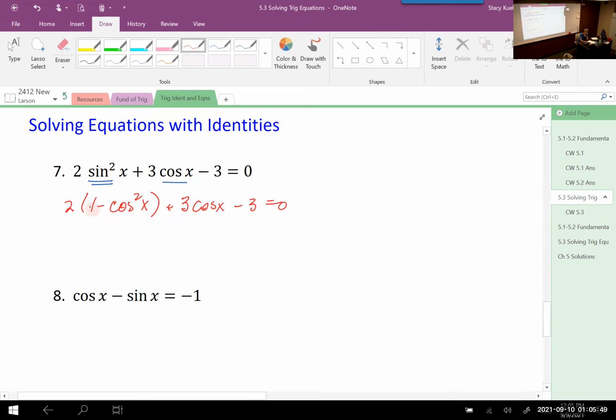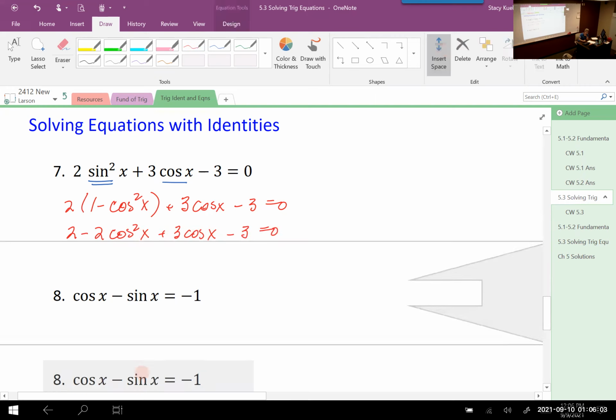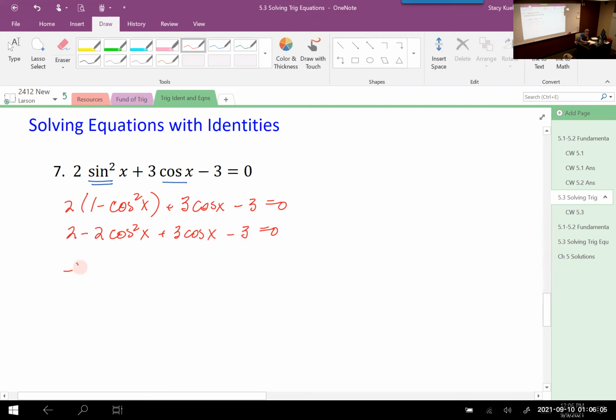Okay, so we distribute my 2. I get 2 minus 2 cosine squared x plus 3 cosine x minus 3 is equal to 0. I'm going to write this as -2 cosine squared x plus 3 cosine x minus 1, when I combine the 2 at the front with the -3 before the equal sign.